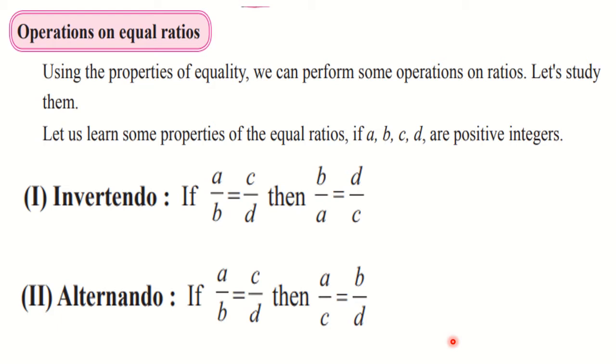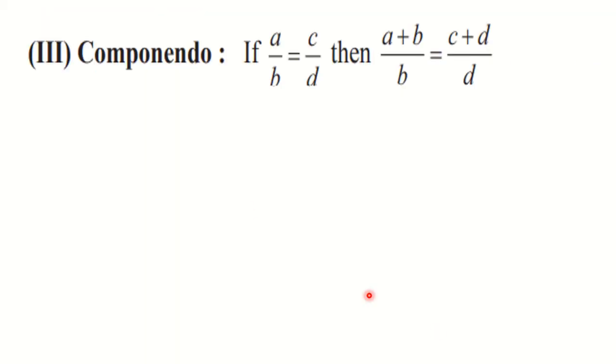Then the third property, componendo. Same ratios again. A upon B is equal to C upon D. Then we can write A plus B upon B is equal to C plus D upon D. That means the denominator we are adding to the numerator, and the denominator we are keeping as it is.